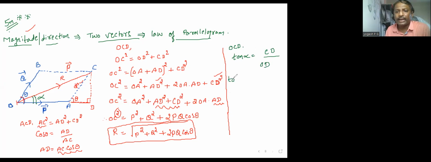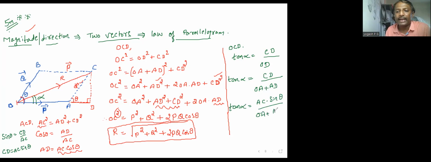Now OD can be taken as OA plus AD. If you apply sin theta in the same triangle, opposite CD by hypotenuse AC, so CD value will be AC sin theta. So tan alpha is AC sin theta, whole thing divided by OA plus AD.